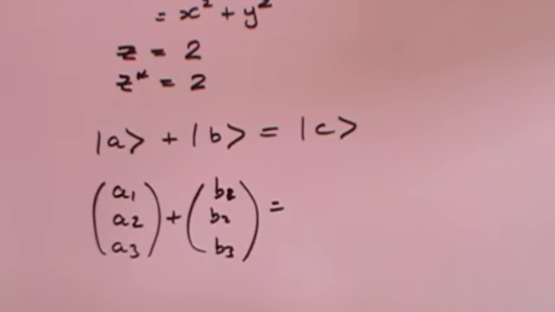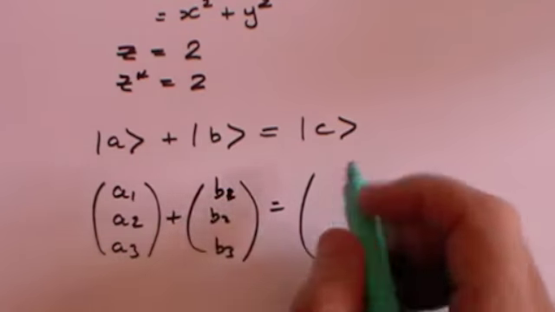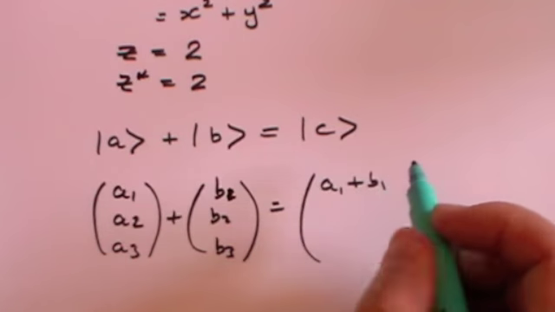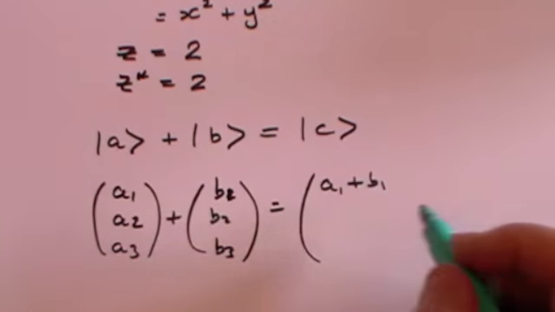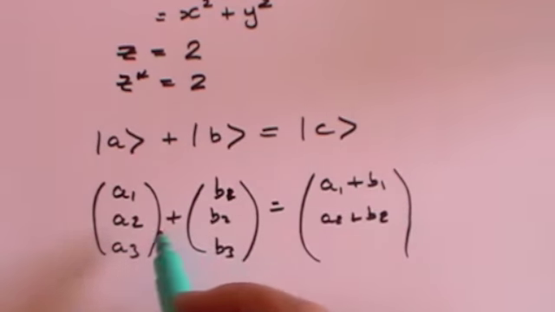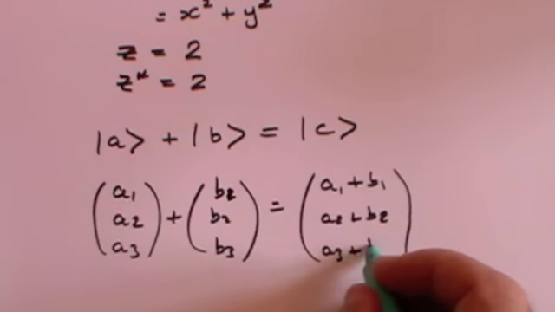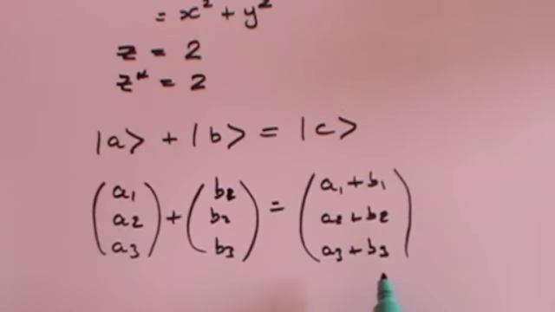What is that going to produce? Well, it couldn't be easier. It's going to be another ket vector, and you simply add the dimensions. So A1 plus B1 becomes the first term in the ket vector, A2 plus B2 becomes the second term, and A3 plus B3 becomes the third term.